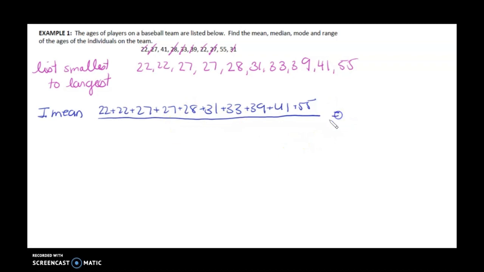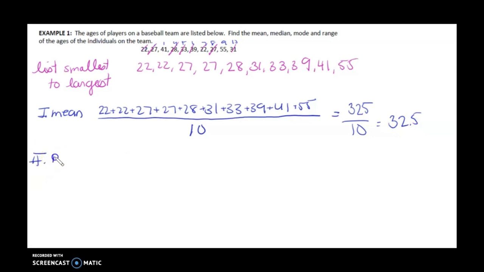And we're going to divide it by the number of numbers. So 1, 2, 3, 4, 5, 6, 7, 8, 9, 10. There are 10 people on this team. So I get 325. Then we divide by 10. Our mean is 32.5.